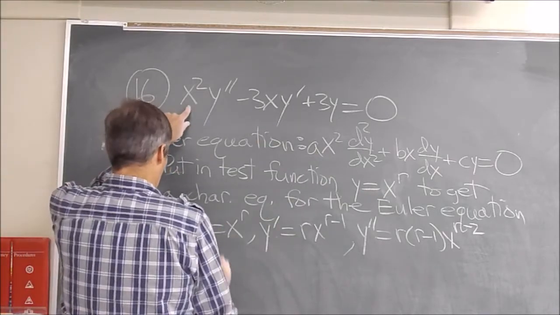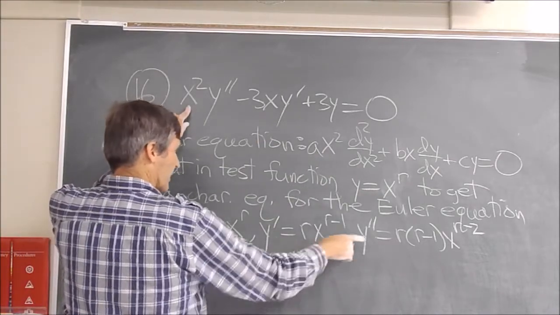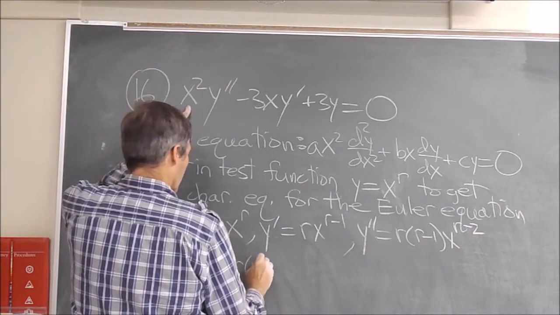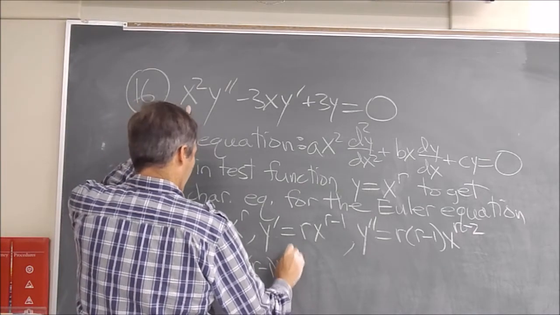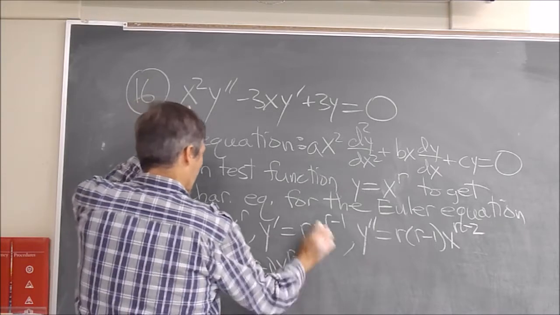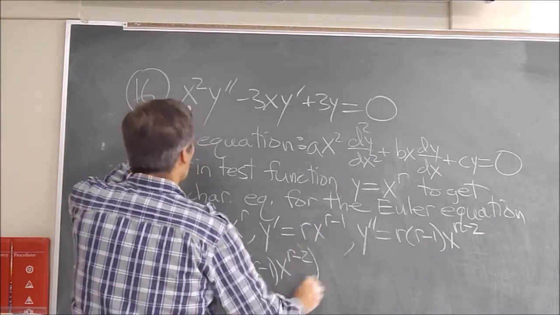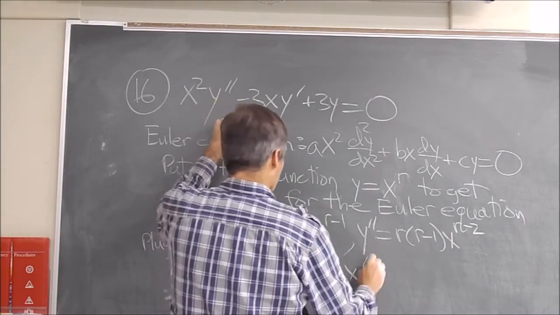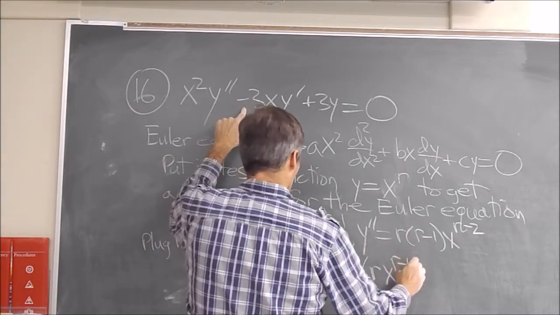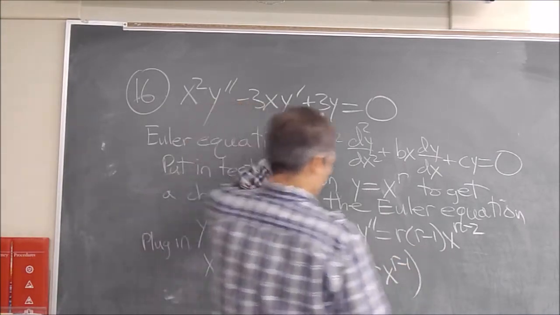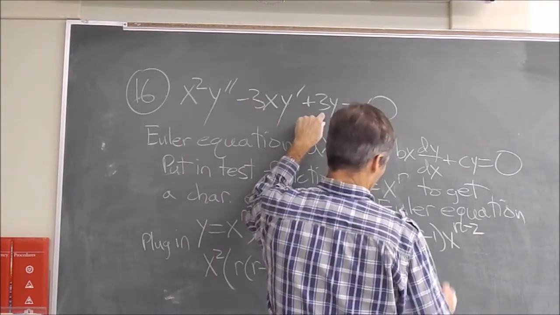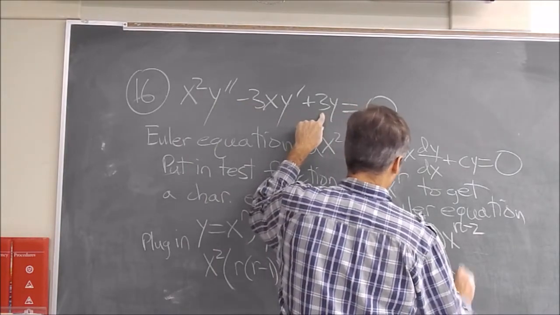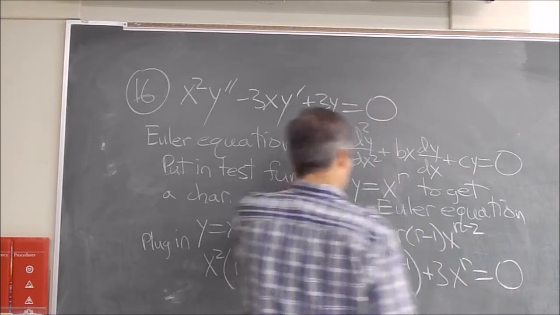We've got x squared times y double prime, which is r times r minus 1 x to the r minus 2. And then minus 3x multiplying y prime, which is r x to the r minus 1. And then plus 3 times x to the r, which is y.